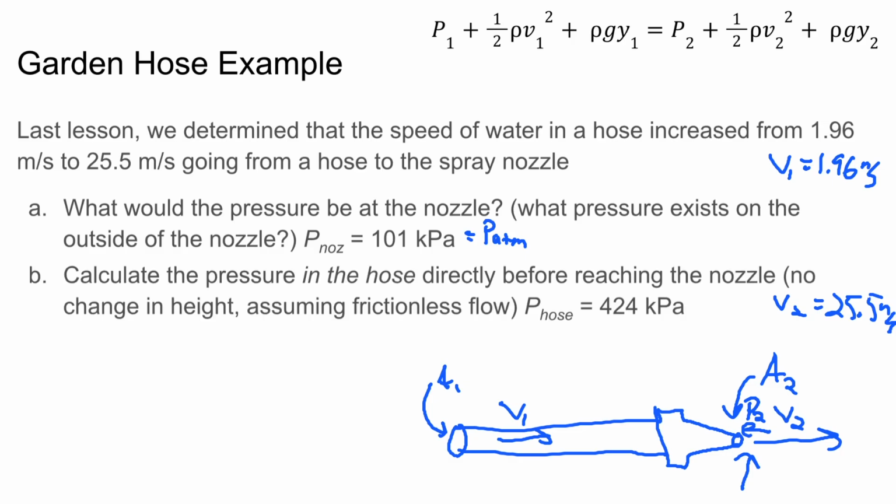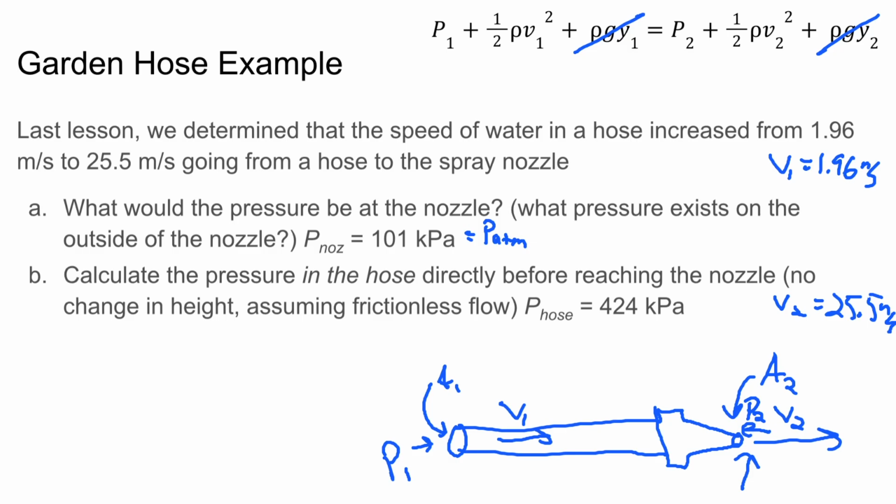So once we've established that, we now have the tools to figure out what the pressure inside the hose is, or the pressure on the input going into the hose, right? So whatever pressure we're applying to the water, pushing it through the hose. We can safely say that the hose is pretty much at the same height as the nozzle, so we can get rid of our potential energy terms, and we can just focus on our pressure and our kinetic energy terms.